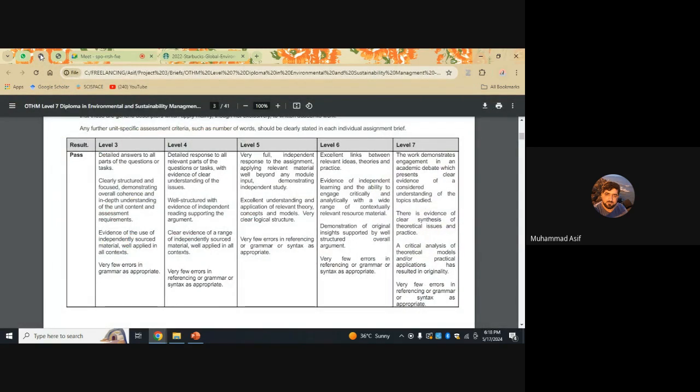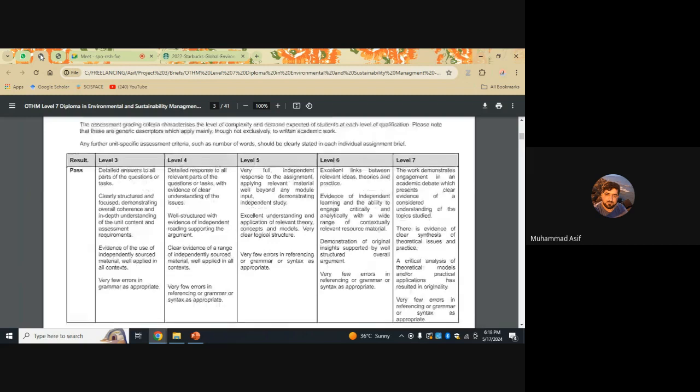Actually, this is the marking level. Some participants have good knowledge and write their answers in a good manner. It also depends on the course. For some courses, like NVQ level 7 or level 6, there is a unit level, meaning units drop in level 3, level 4, level 6.